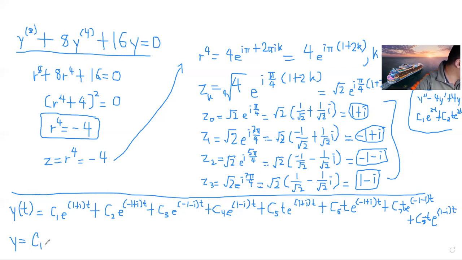C1 e to the power of t cos t. Yeah, so e to the power of t times e to the power of it.